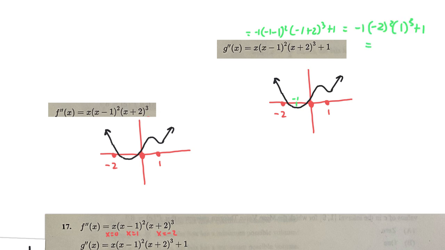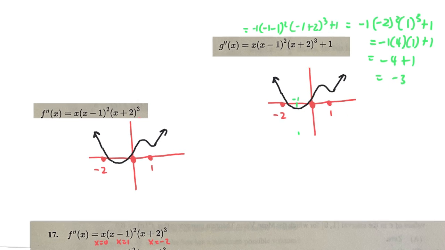And that would be -1 times 4 times 1 plus 1. And then that would be -4 plus 1. And that indeed would be -3. So it turns out that after plugging in that special test value, this point right here is -1, -3. And the fact that that y coordinate is negative means that this is still under the x-axis, which means that it crossed through the x-axis here, therefore inflection point, and it crossed through the x-axis here, therefore inflection point.